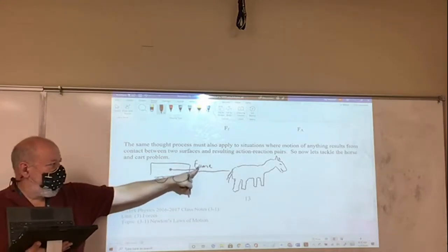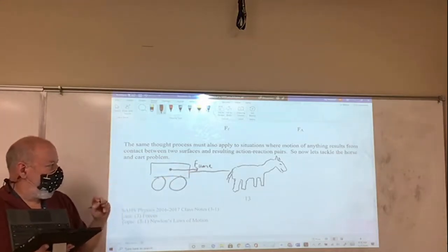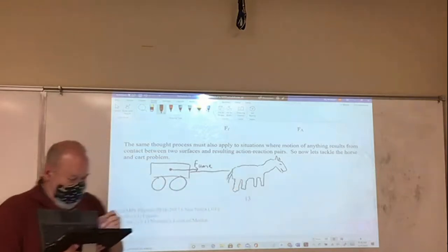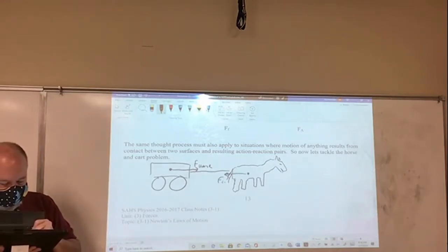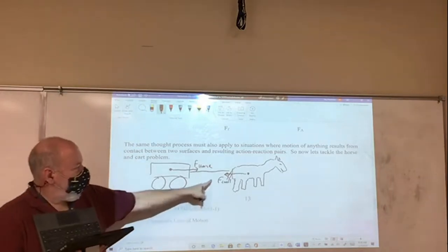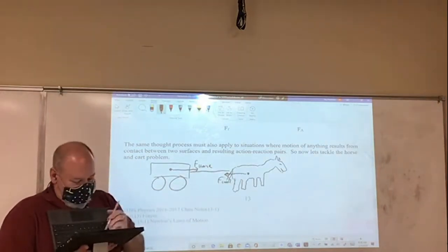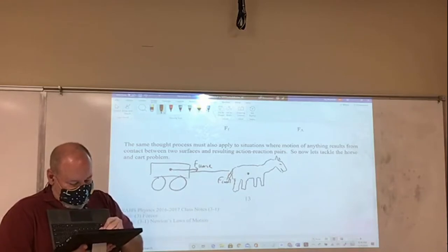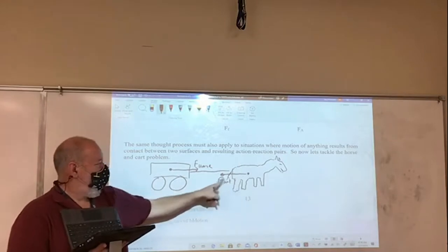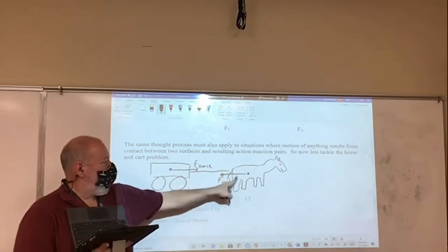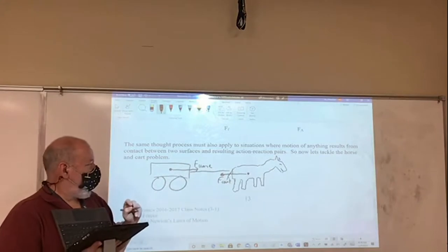Okay, the horse is pulling on the cart, and the cart is pulling on the horse with an equal and opposite force here. That should have been a little longer, shouldn't it? So this is the force of the cart on the horse. Okay? So horse is pulling on the cart, cart is pulling on the horse.